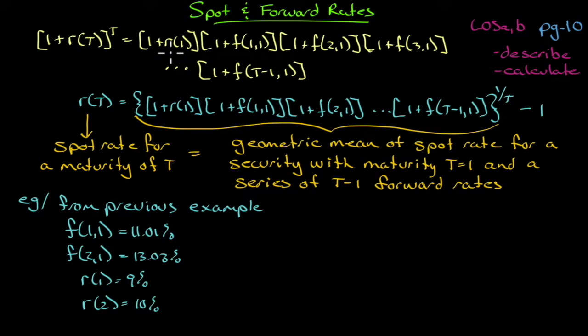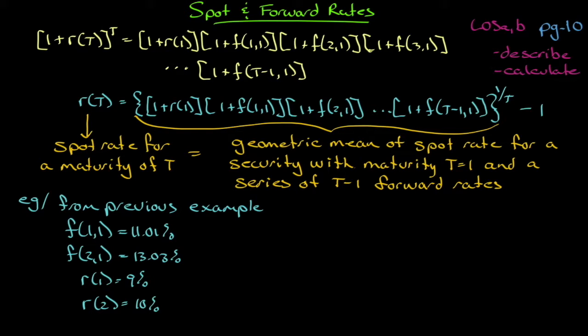So we start with the 1 period spot rate and we multiply it by successive forward rates so that we can arrive at a spot rate for a maturity of t by taking the geometric mean of 1 and a series of t minus 1 forward rates.